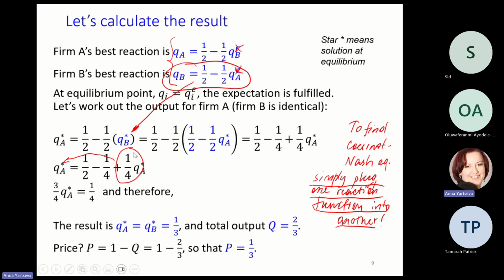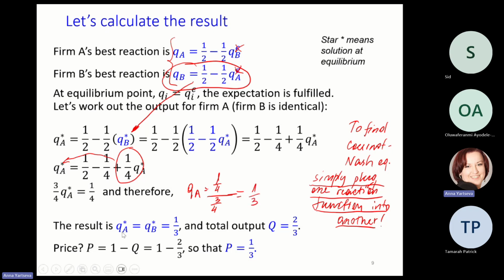So QA minus 1/4 of QA becomes 3/4 of QA. 1/2 minus a quarter becomes 1/4. And therefore, from here, we can express QA. QA becomes 1/4 divided by 3/4, right, which is the same as 1/3.